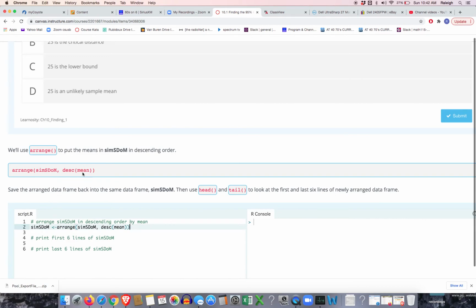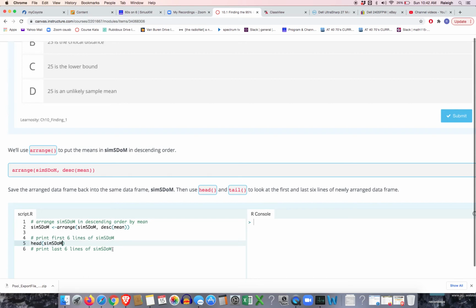DESC is descending. We can print this with the head command, and that automatically gives us 6. Notice the different cases, uppercase, lowercase. I'm going to copy that and put it inside the head command, and then it gives me the other parentheses immediately.